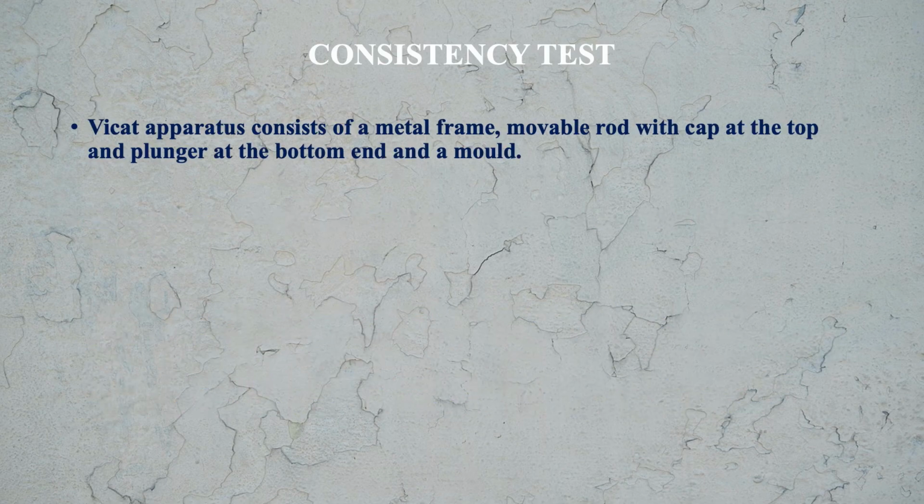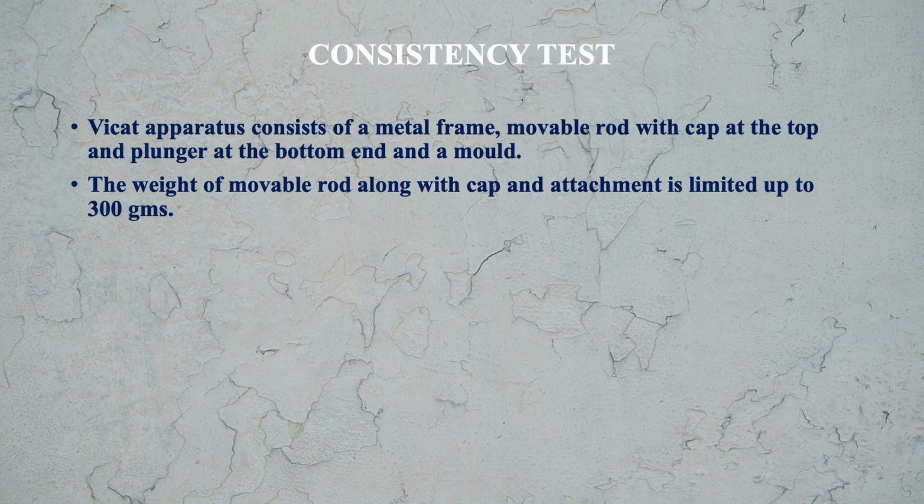Now, the Vicat apparatus consists of a metal frame, a movable rod with a cap at the top and a plunger at the bottom end, and a mold. These are the parts of the Vicat apparatus. The weight of the movable rod along with the cap and the attachment is limited to 300 grams.